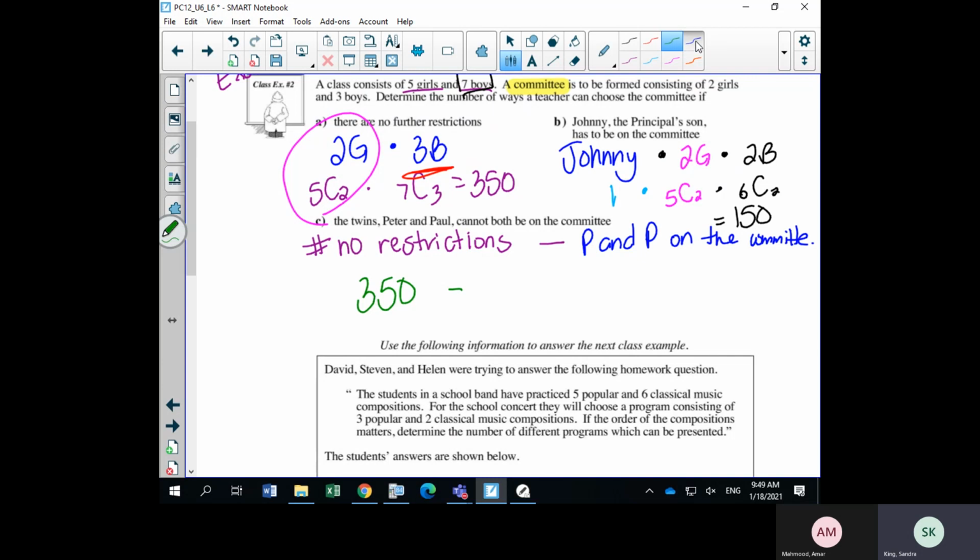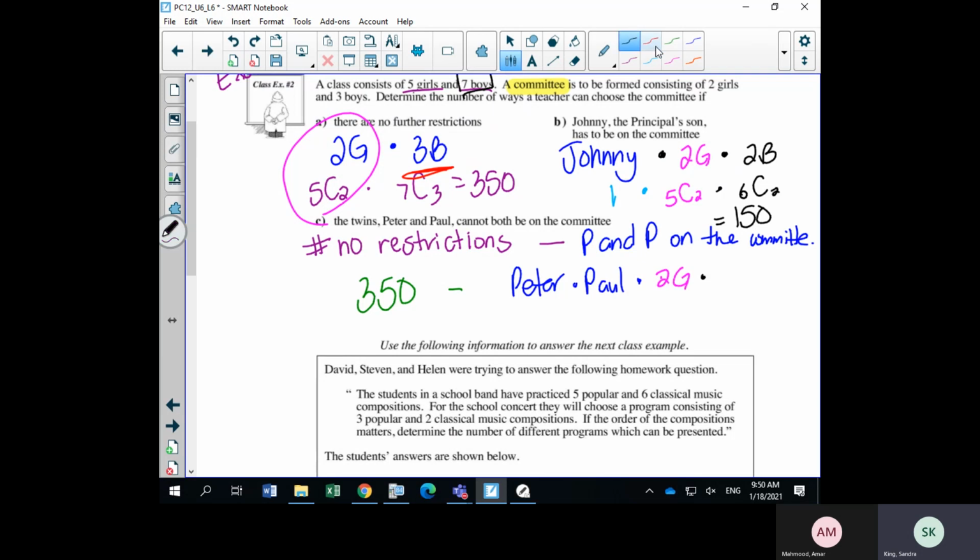Minus. Okay, Peter is on, and his brother is on. And how many girls are on this committee? 2 girls.